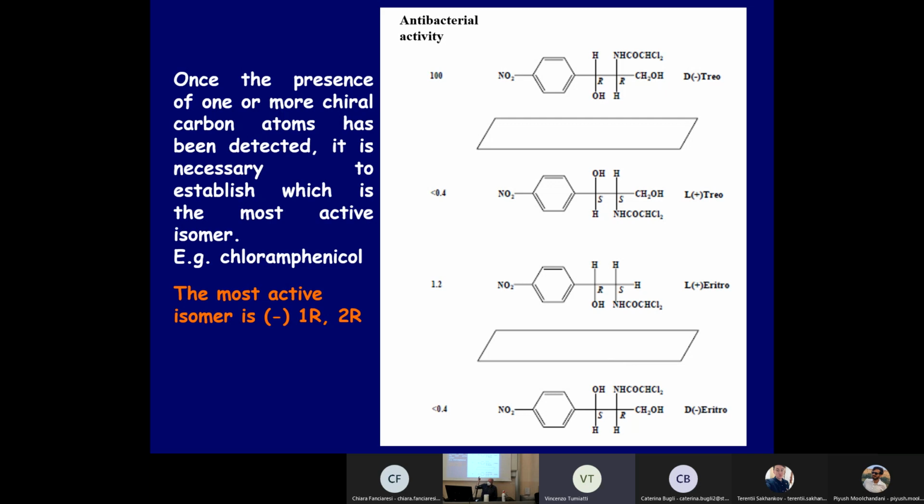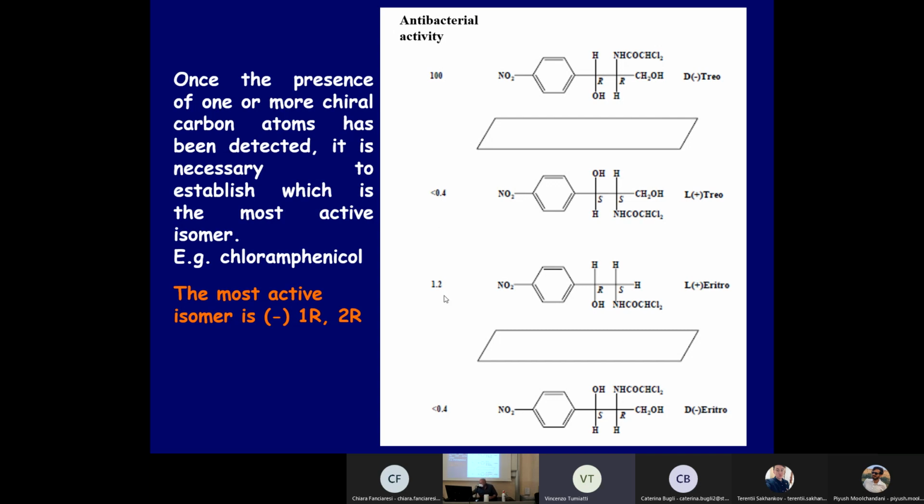So we have 4 stereoisomers of chloramphenicol, but chloramphenicol is only 1, the 1R,2R, this first one. You see the antibacterial activity is 100. In this case, we have the MIC 50 value.